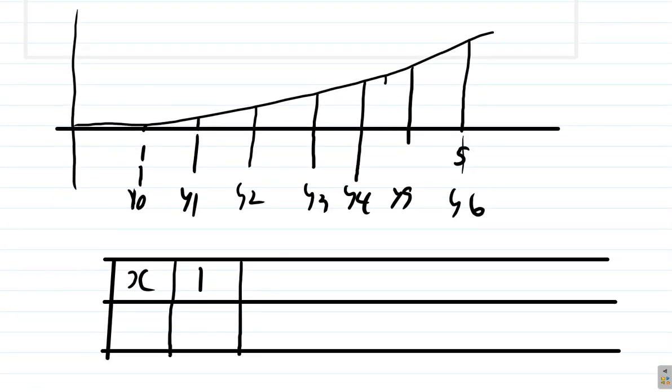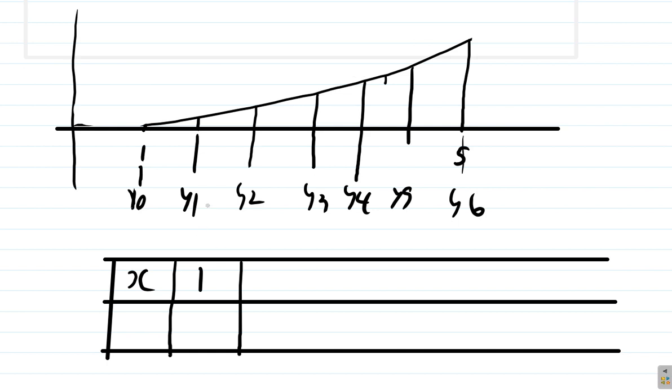By the way, remember these strips, we're looking at 6 strips there. It means that this area here is not going to be in it. It's starting at x equal 1, which is the height y0.